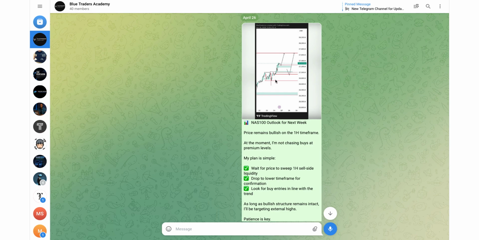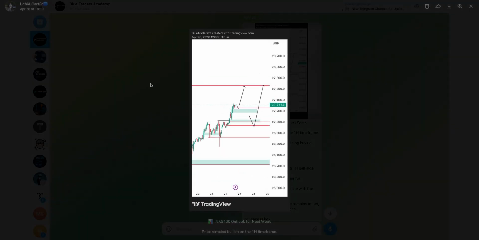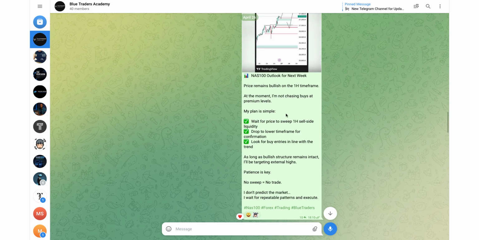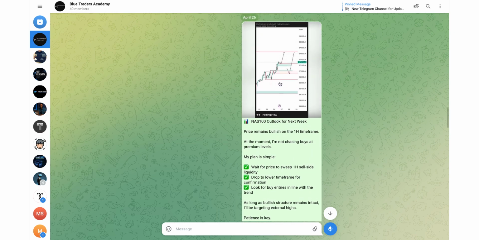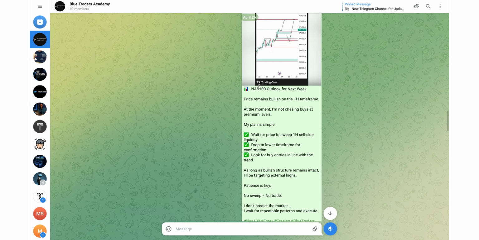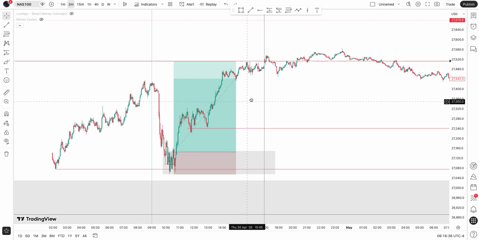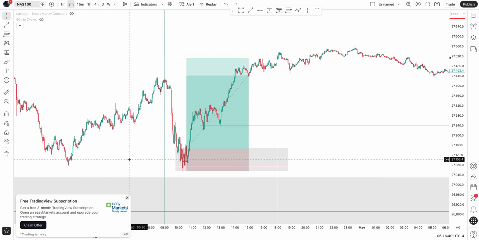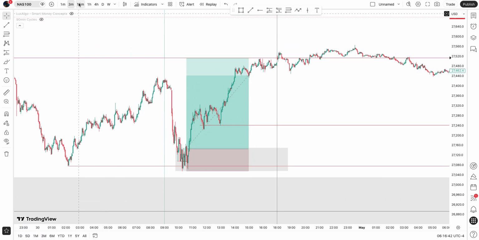Guys, so last week I shared this particular setup with my students, and this week I'm going to do a breakdown of how it played out and how I executed it. All right, so let's go to the chart. Here you can see this was one of the entries that I took.